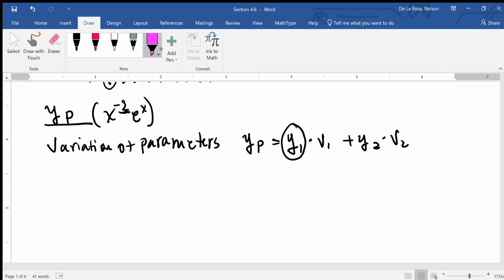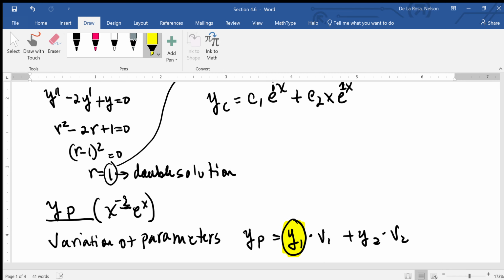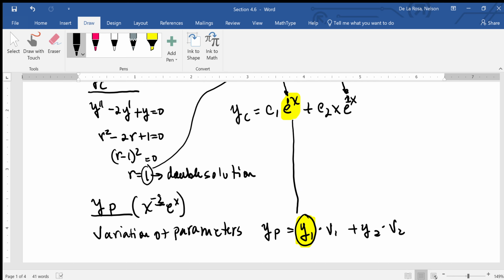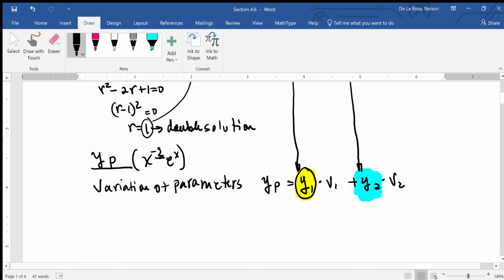This y1 is the first function of the complementary solution, and this y2 is the second component of the complementary solution. So what is left is to find v1 and v2. That's what we have to do now.